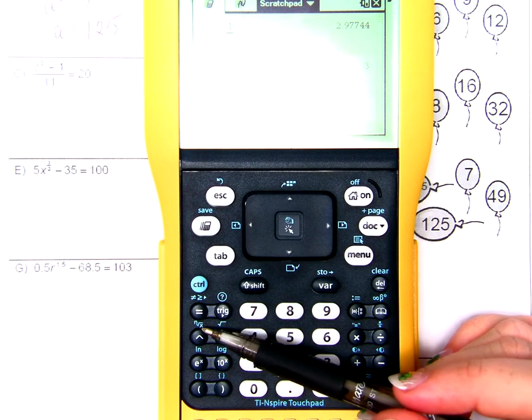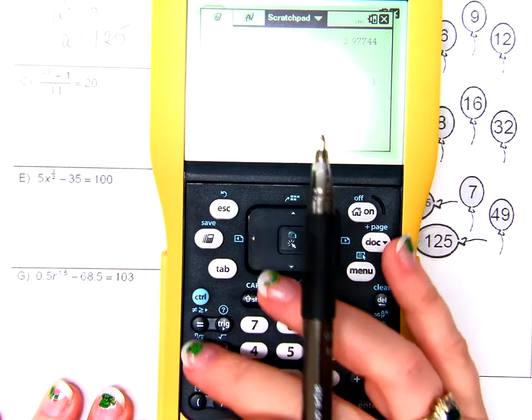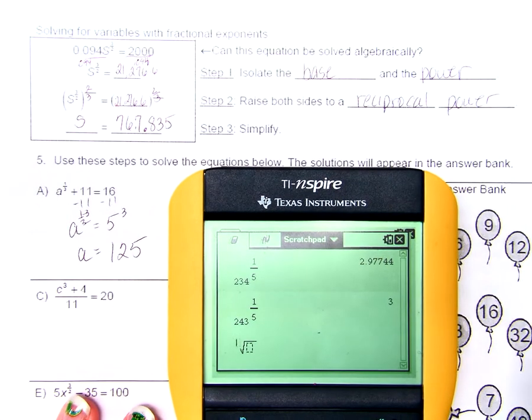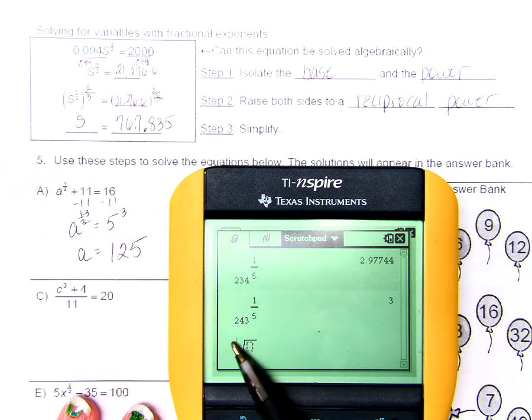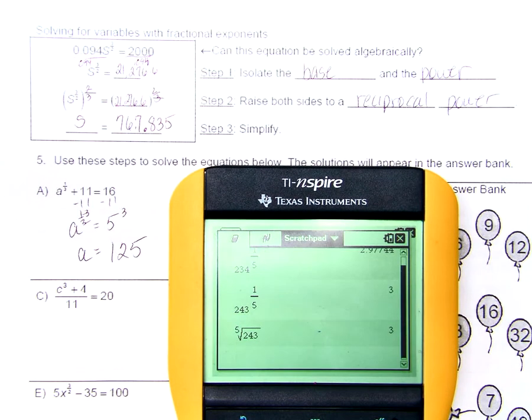Look at the blue writing right above that button. So if I press Control and that caret button, look what shows up. Like a square root, but look where the cursor is. So if I took the 5th root of 243.